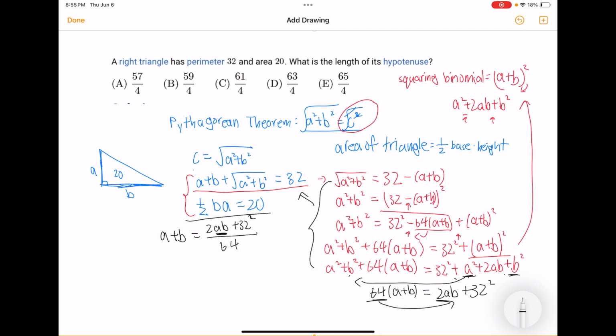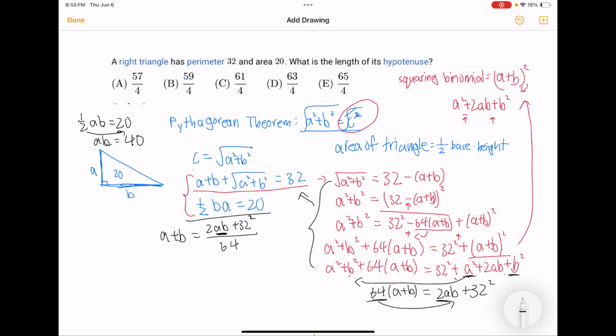And so we need to figure out what a times b is, which is perfect because we know that 1/2 times a times b equals 20. So if we just move the 1/2 over, we would get a times b equals 40.